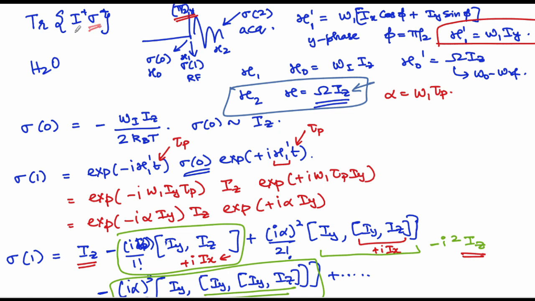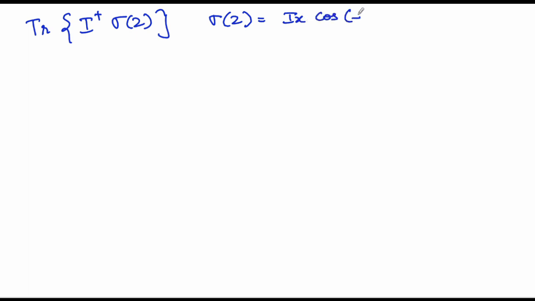So all that we have to do is to take the product of I plus to the density matrix at 2, which we have just determined, and take the trace to see what it is that we are going to observe. So let me rewrite it again. We want the trace of I plus sigma 2. And sigma 2 is given as Ix cos of omega t plus Iy sine of omega t.